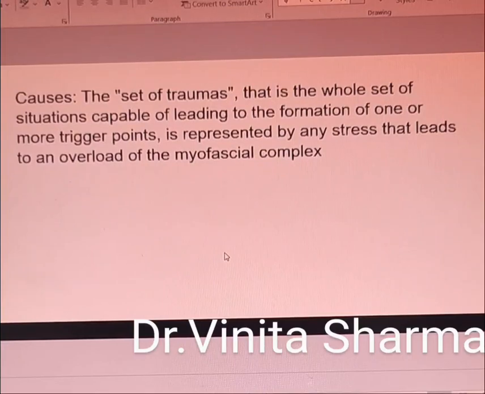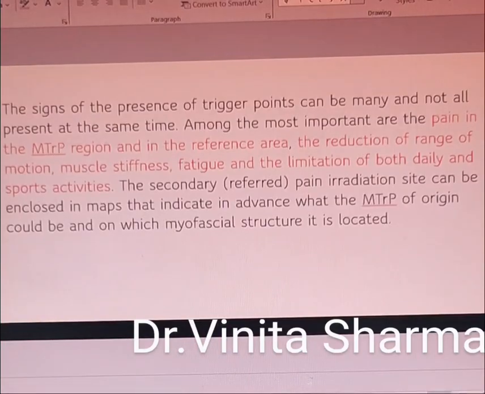So it will happen that people say that pain is there, but they have referred pain because of that trigger point. So you have to be very careful while assessing the patient. Signs of the presence of trigger points can be many, not all present at the same time.